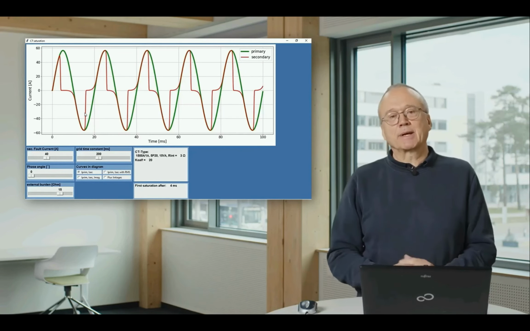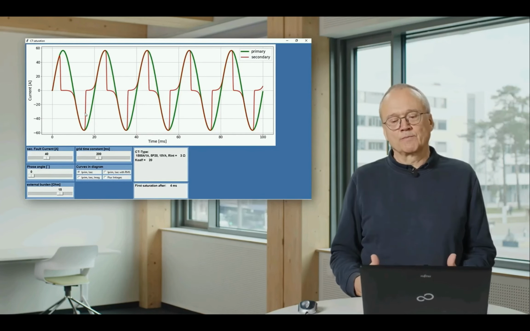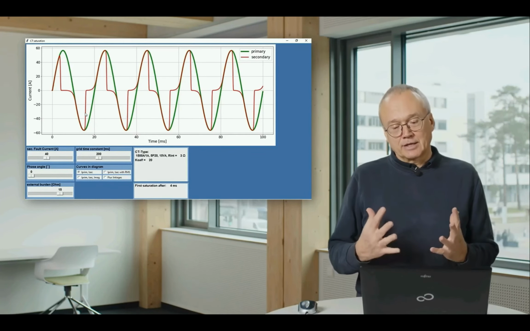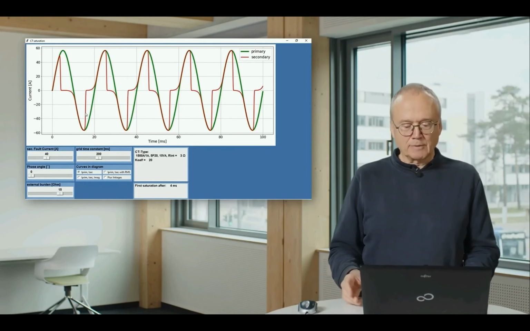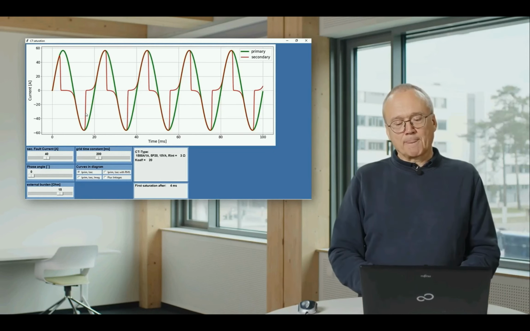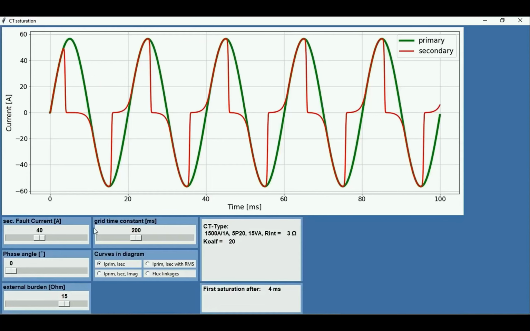And of course, that depends to a certain degree on the algorithm we use. To illustrate that, I have just implemented here a simple Fourier filter to calculate the current from this curve. And we can have a look at how this looks.